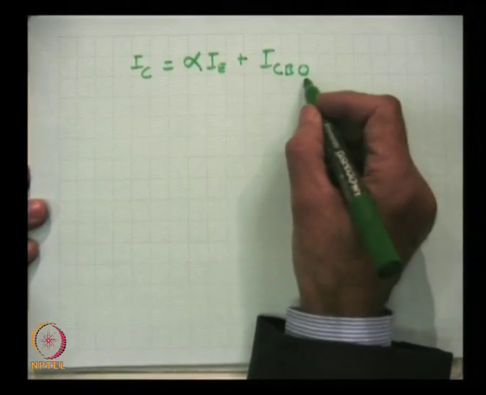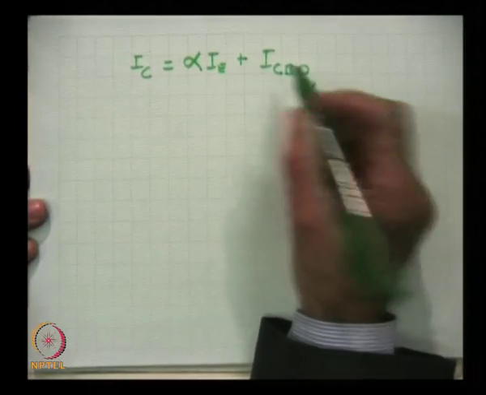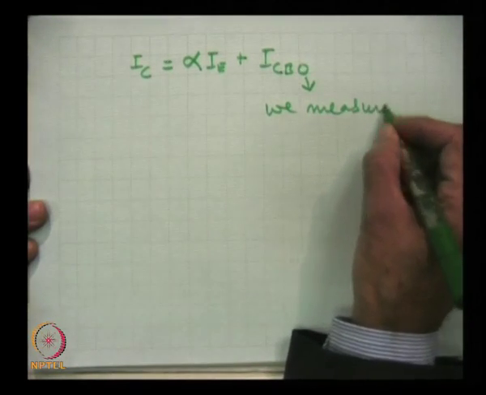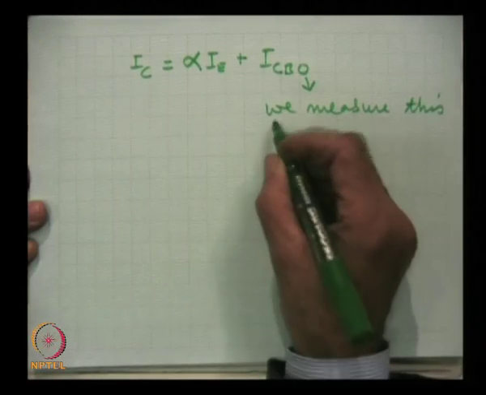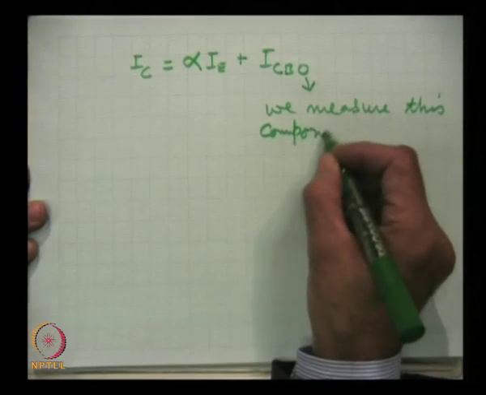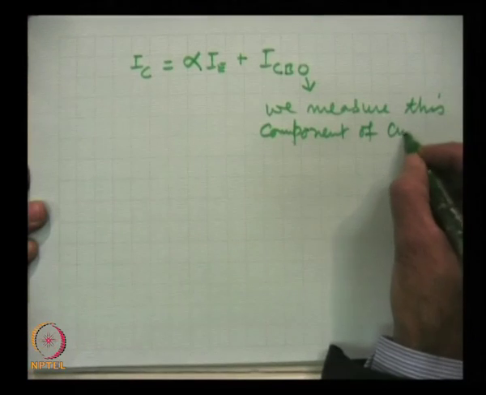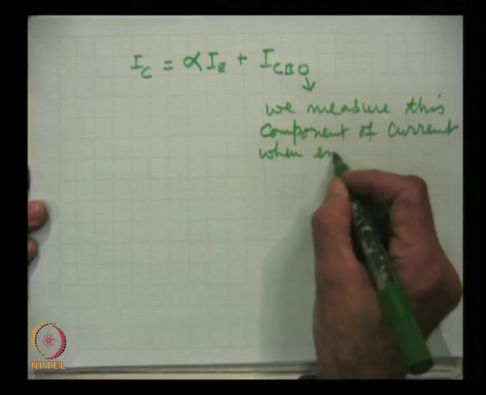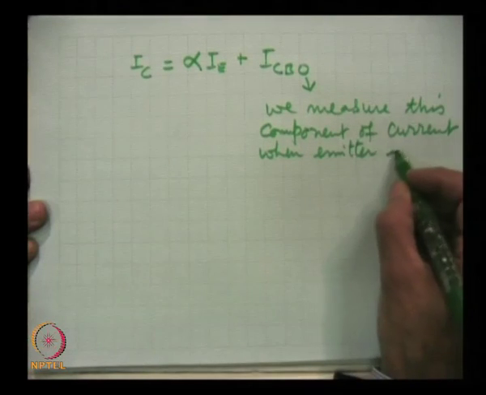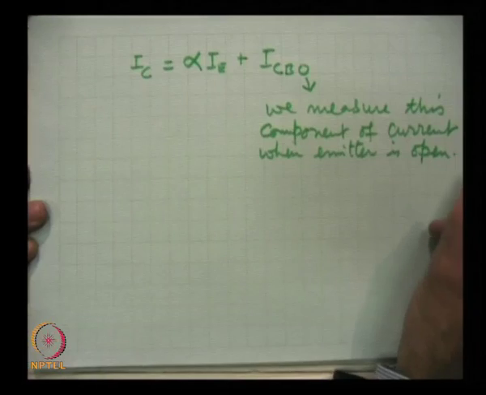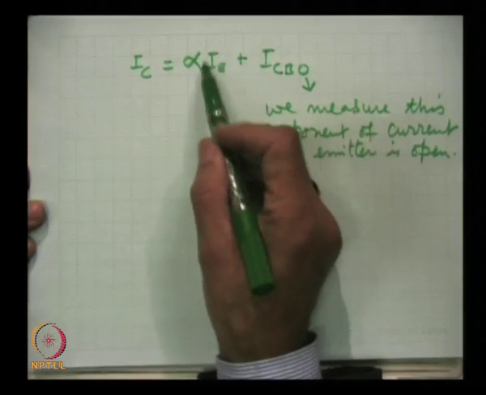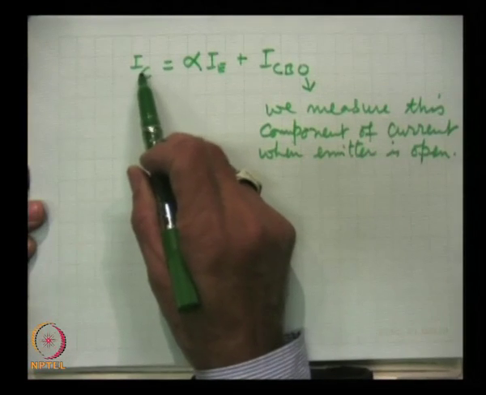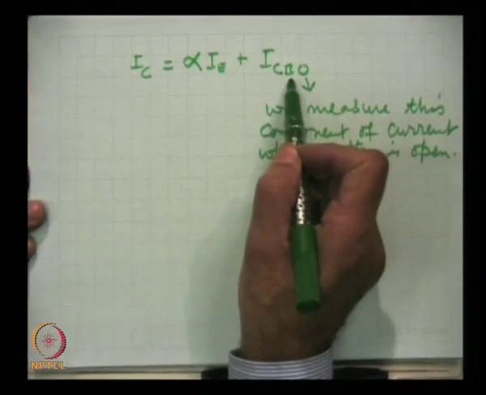The O indicates that we measure this component of current when the emitter is open, that means no current. When IE is 0, whatever is the reverse current, that is this ICBO.